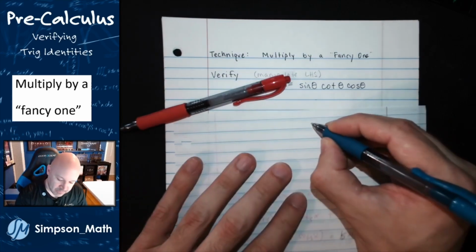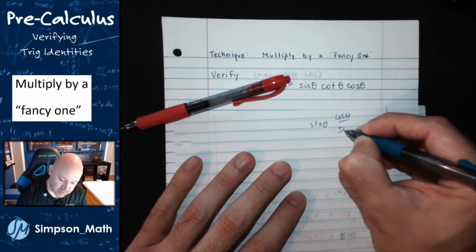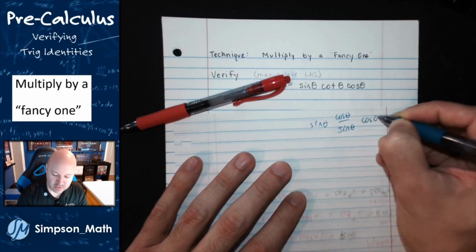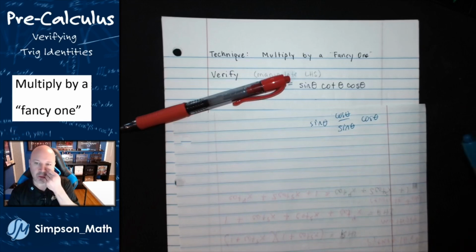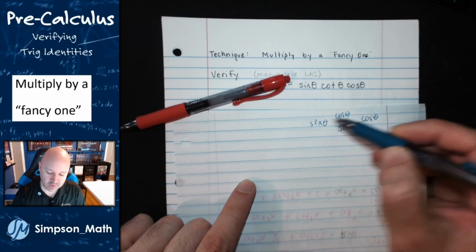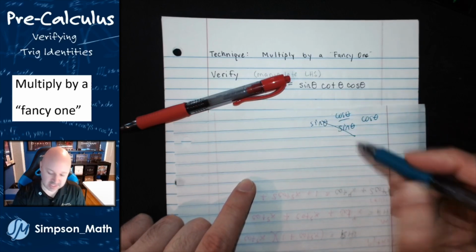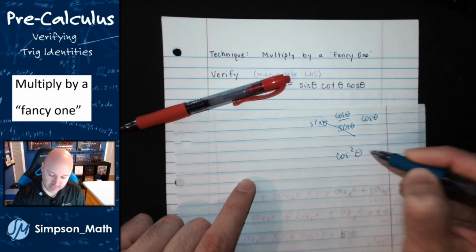So this would be sine cosine over sine cosine, using a quotient identity. So here's another technique: you can use the right-hand side to manipulate and play with and break it down. Like, hey, this would reduce, giving me cosine squared theta.